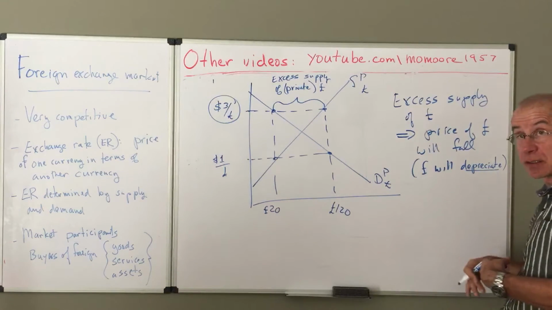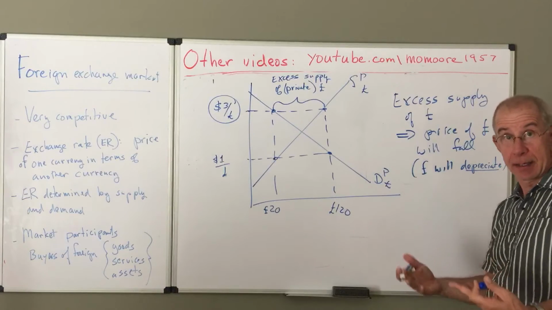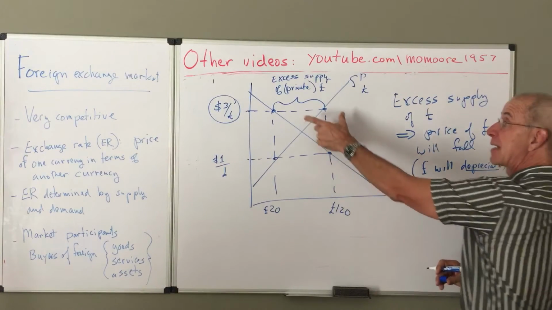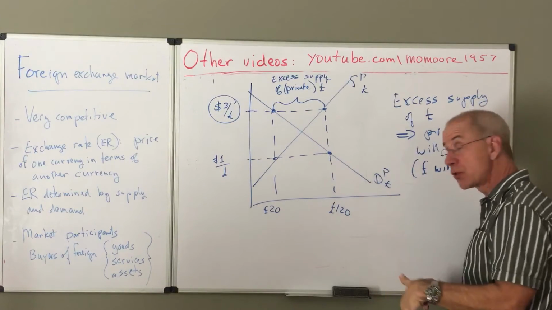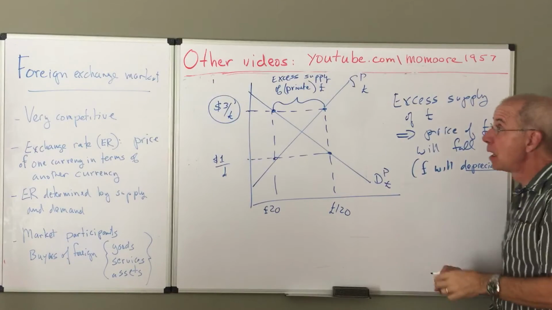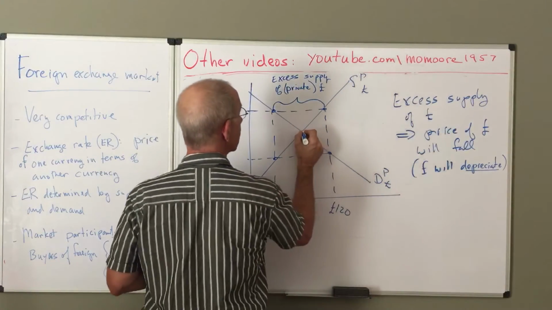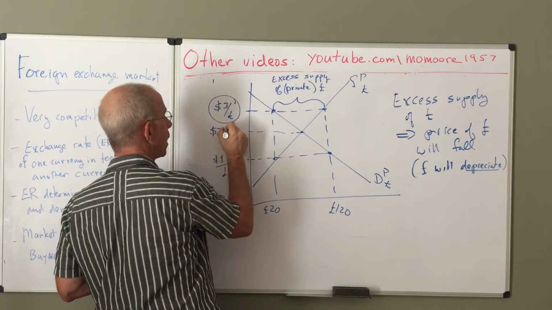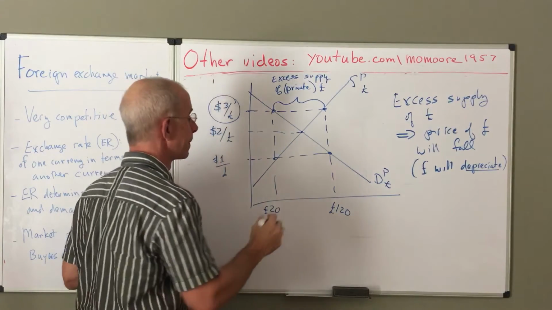The depreciation is a response to market conditions. So the excess supply of pounds will push the price of pounds down. The pound will depreciate to say something like, I don't know, we'll just pull this out of the air, $2 per pound.